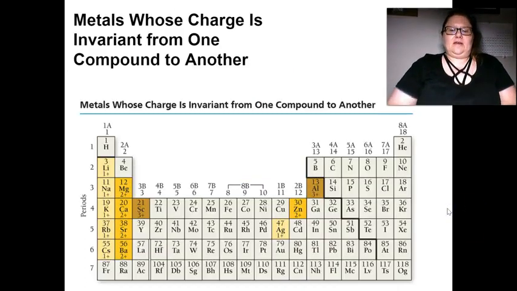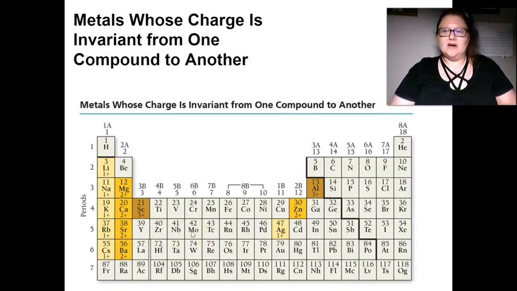In addition to aluminum and boron in group 3A forming a +3, there are a couple other ones that always form one charge despite being in the transition metal group. I'm not going to hold you to memorizing these, but they are highlighted here. Silver is only available as a +1.